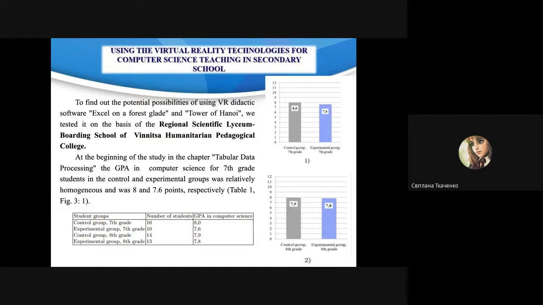On the slide, you can see the results of the evaluation control in control and experimental groups in the topics of tabular data processing and algorithmization. You can see that these results are quite homogeneous, so there is no statistically important difference.